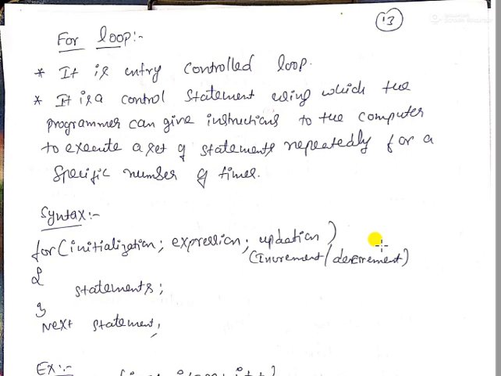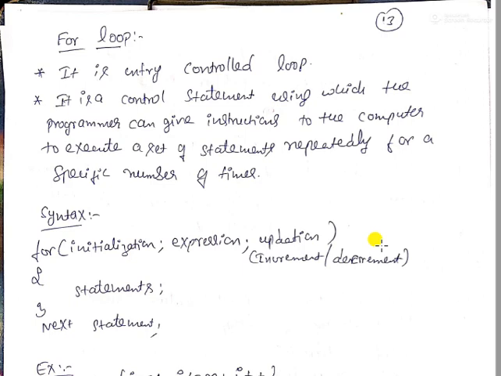Now in the for loop, we write these three, initialization, condition checking and updation, in a single for statement.